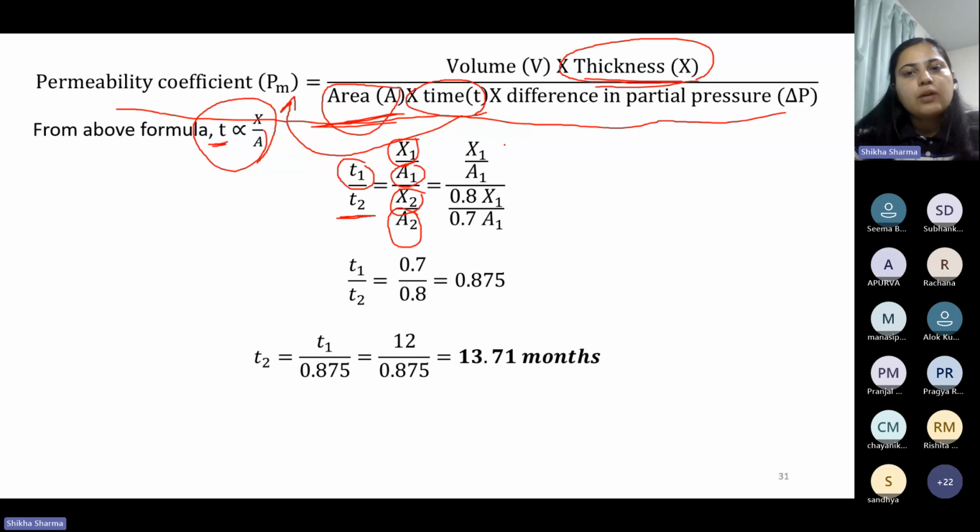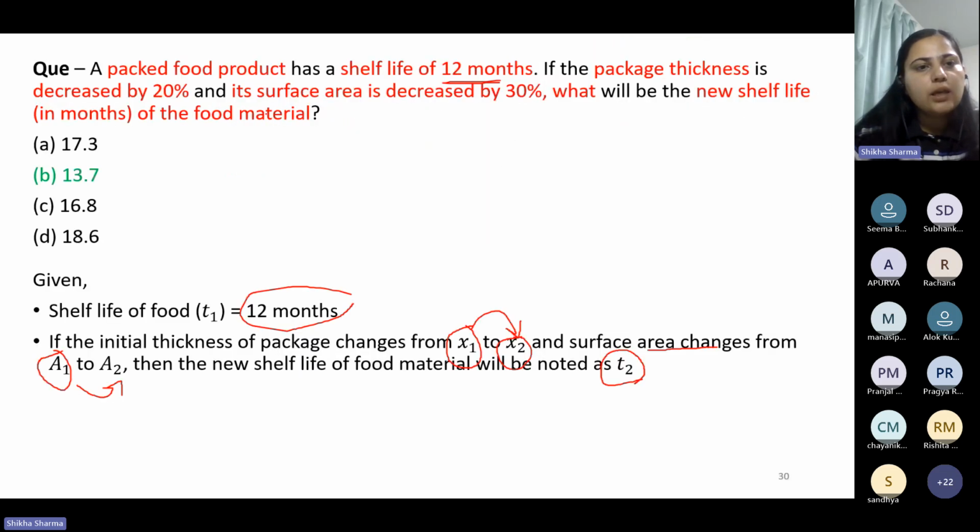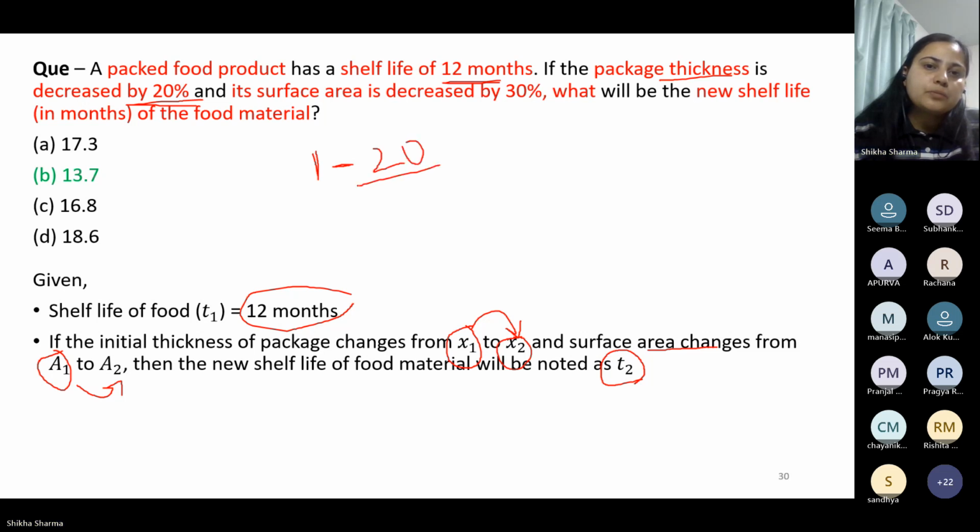So x1 by A1 will be the same, and the question says the packaging thickness is decreased by 20%. If the initial packaging thickness is 1, it will be 1 minus 20 by 100, because 20% is decreasing from the initial 1.